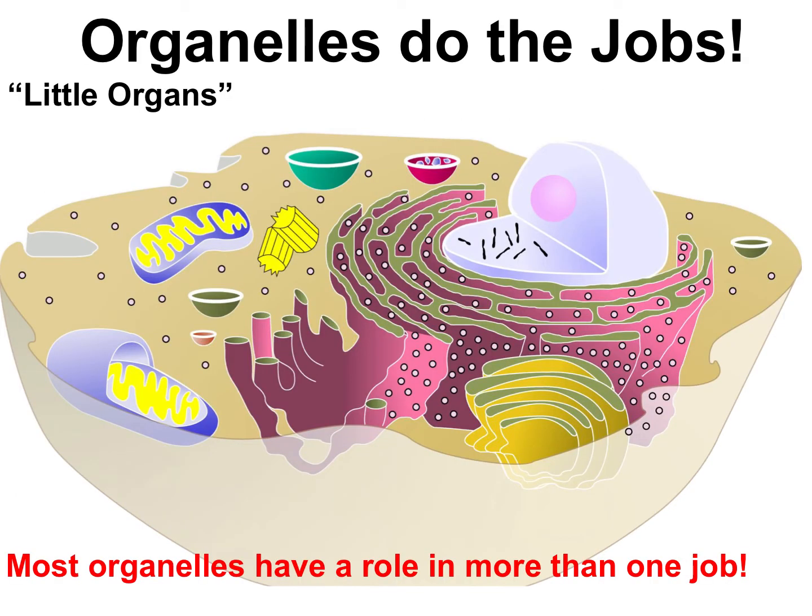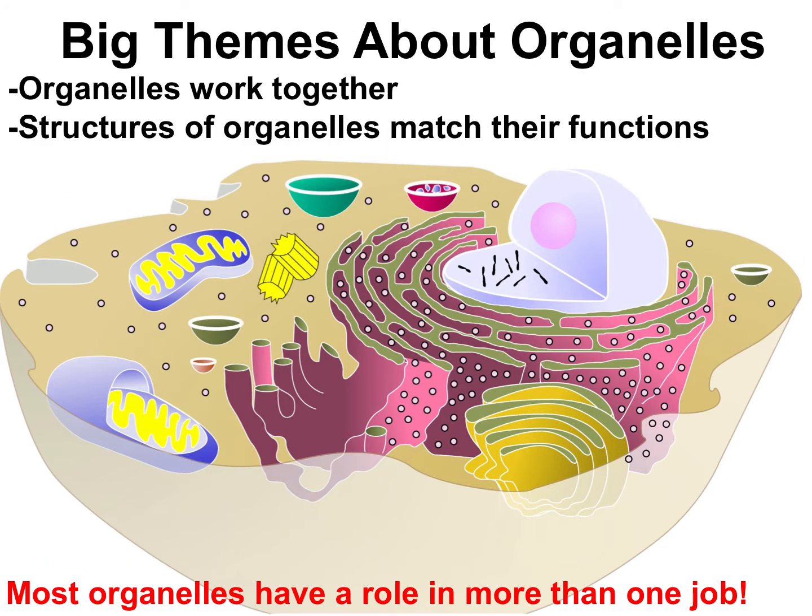Now, to help do all of these jobs, cells have specialized structures called organelles. Organelles literally means little organs, and just like the organs of our bodies contribute specialized functions to help our body work, organelles contribute specialized functions to help a cell work. A couple of things I want you to remember about organelles, the big ideas as we analyze organelles in this unit.